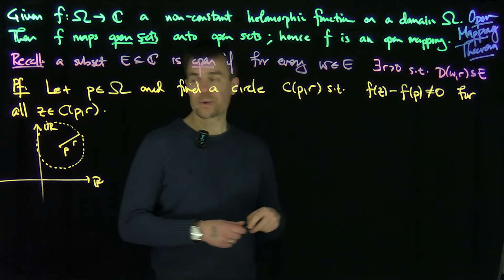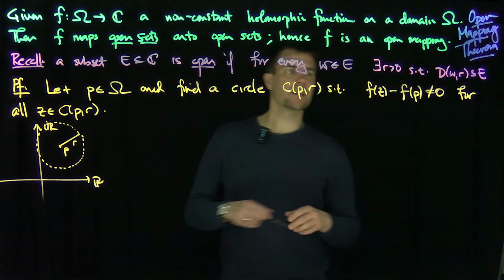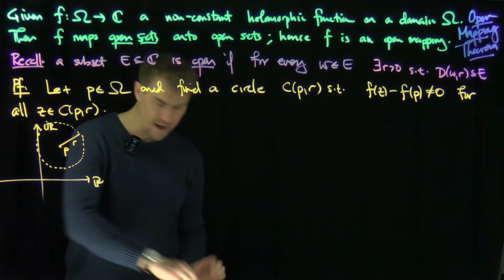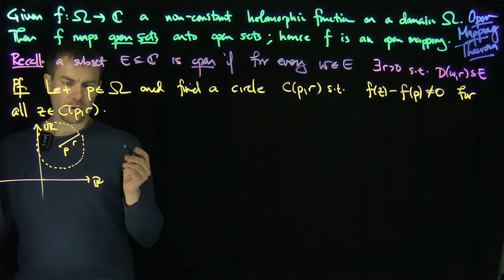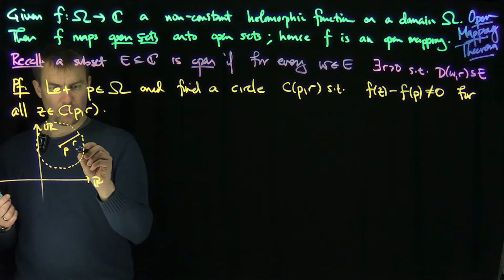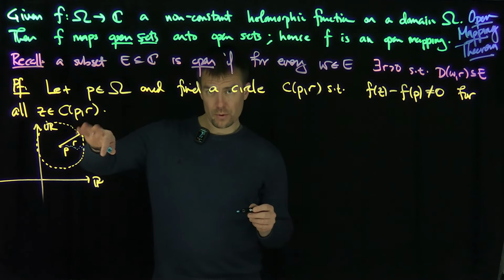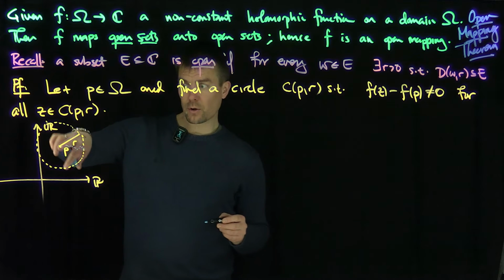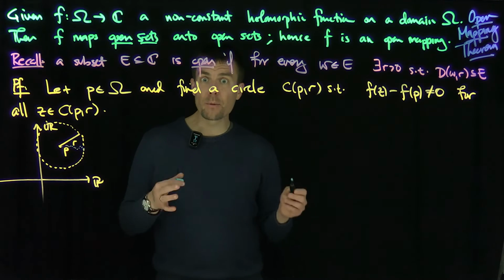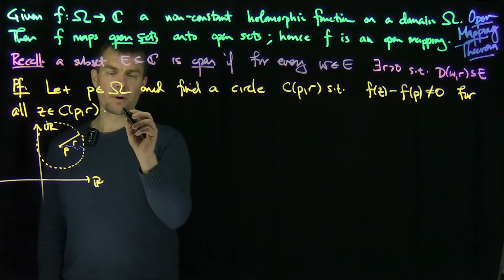And if this was impossible to do, then there would be a point on C_{p,r} where f is equal to f(p). Then by continuity, in the next circle there'd be a point over here, a point over here, and so on. I would be able to construct a smooth curve going from this circle all the way to p, where f(z) was equal to f(p). That would say that f(z) equals f(p) on a set with an accumulation point, which contradicts the identity principle. So this is possible by the identity principle.